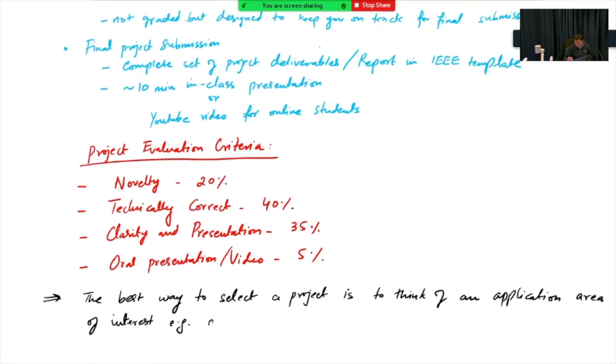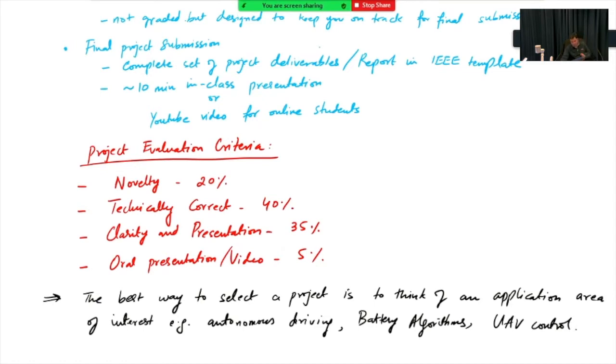For example, you want to do autonomous driving, or battery algorithms, or UAV control. The first thing you need to decide is what is the area you want to work in. It could be coming from your work or from your research interests.